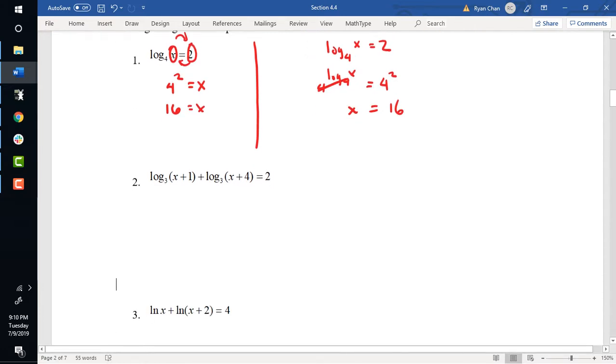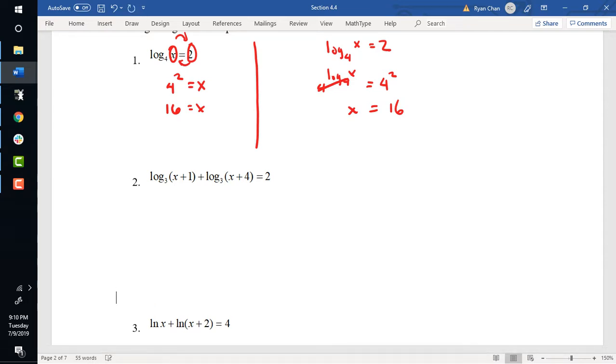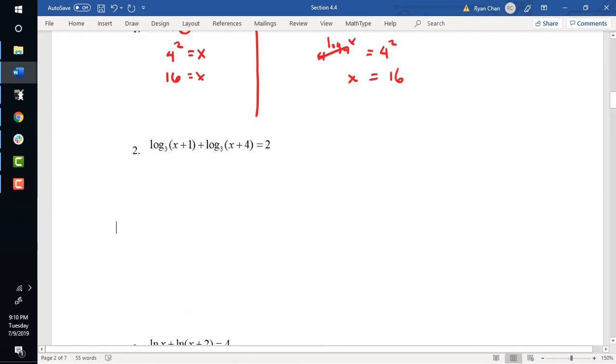Some of these can get really complex and long. So let's take a look at number 2 and see how this works. Here's the situation at hand. I have 2 logs, so I can't really do the swapping game or the cancellation game. However, I do notice they have the same base.